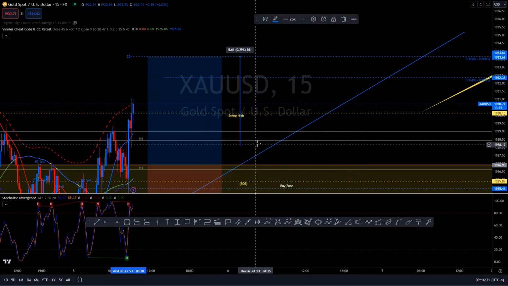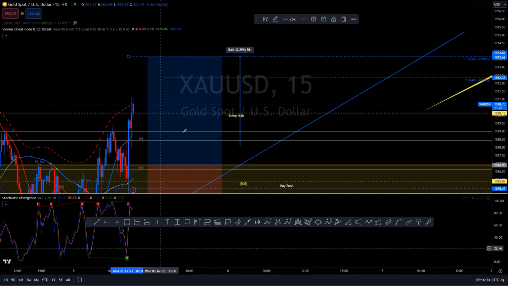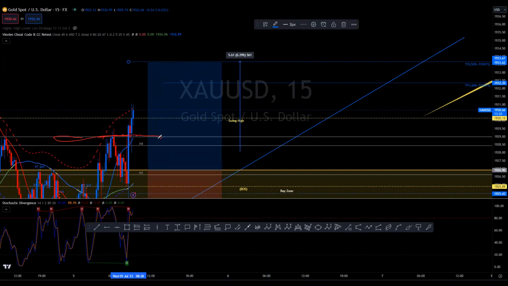That's what I'm going to be looking at. Looking at price pulling back to this structure here. That's what I'm really looking at. I might actually just draw a line here.